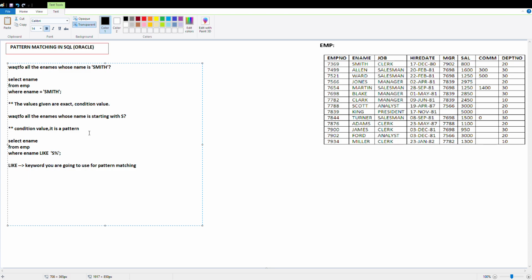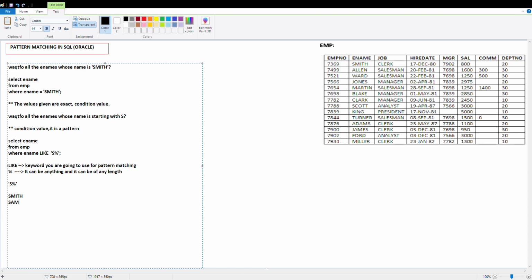Now let's try to understand percentage. What is the meaning of percentage? Basically, percentage says it can be anything and it can be of any length. What do you mean by that? For example, if I write a pattern like S percentage, and there is a name called Smith, this will get shortlisted.